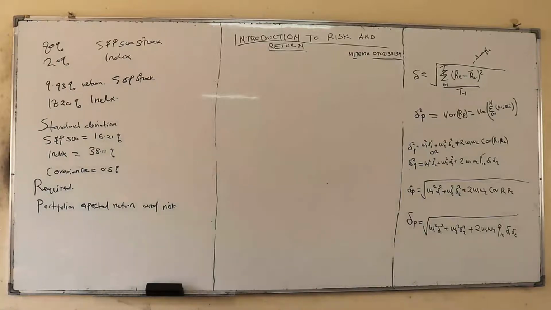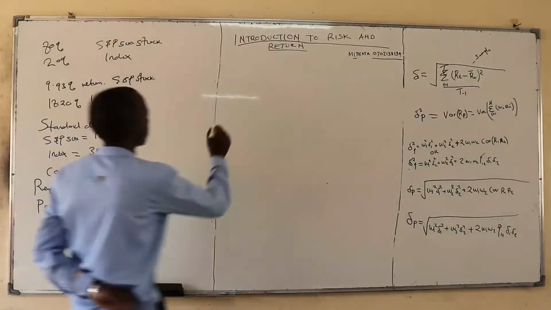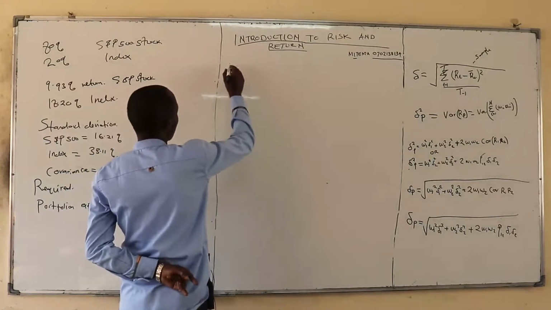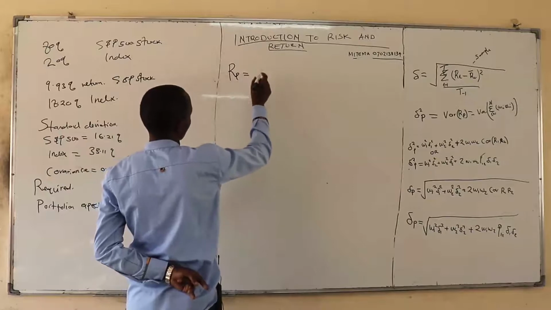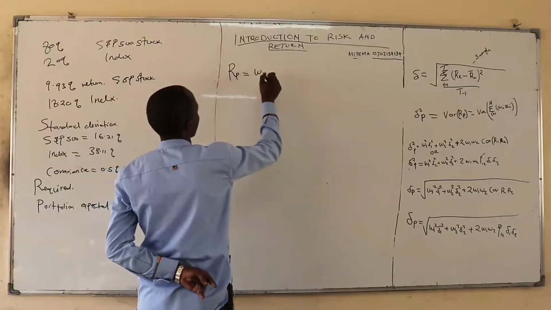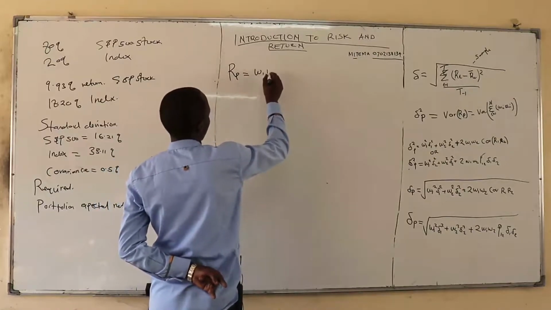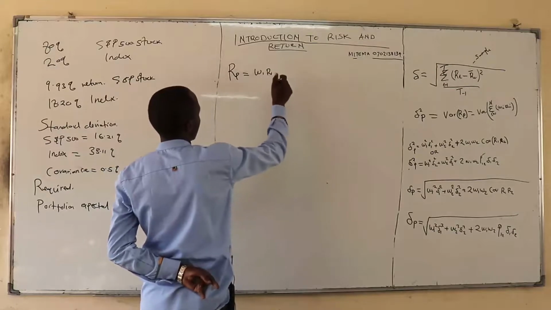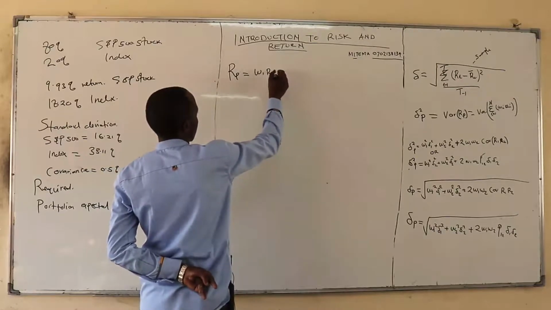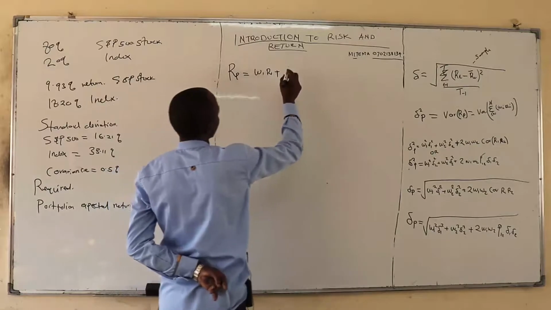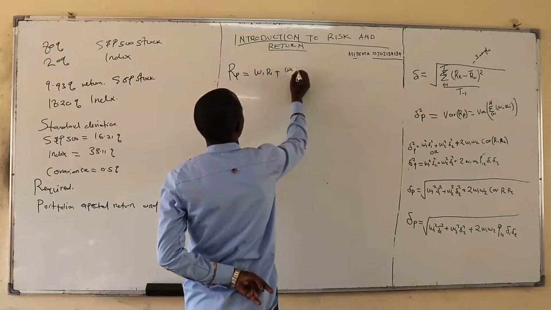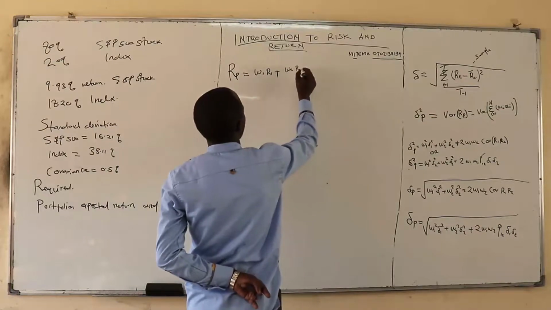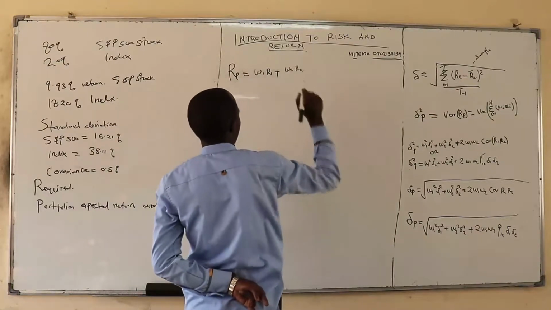The portfolio return equals the first weight multiplied by the first return of that asset, plus the second weight multiplied by the second return of the second asset.